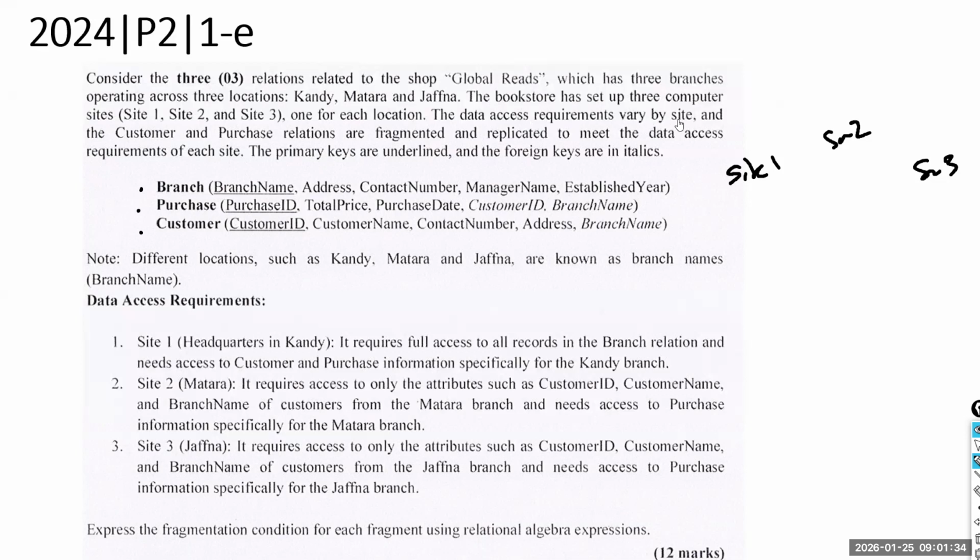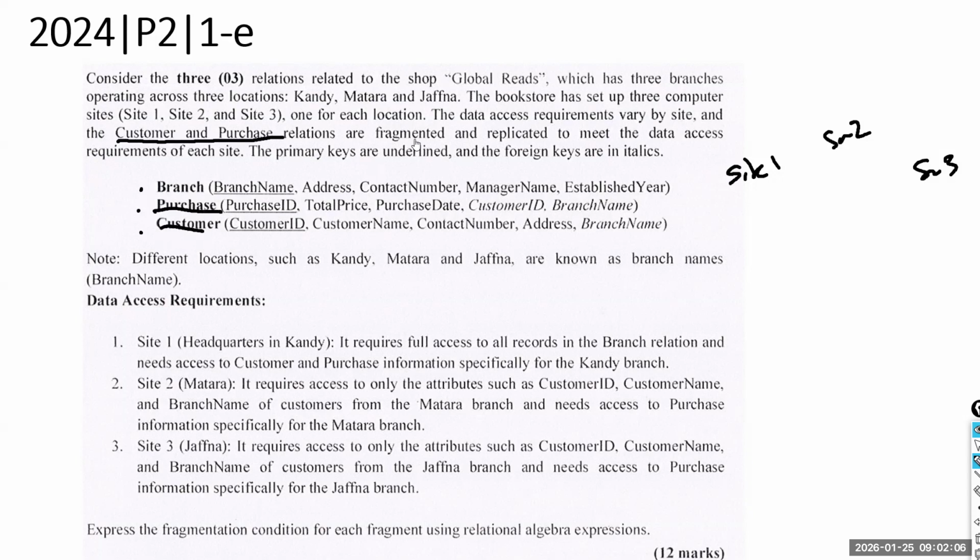The data access requirements vary by site, and the customer and purchase relations are fragmented and replicated to meet the data access requirements of each site. Customer and purchase, right?